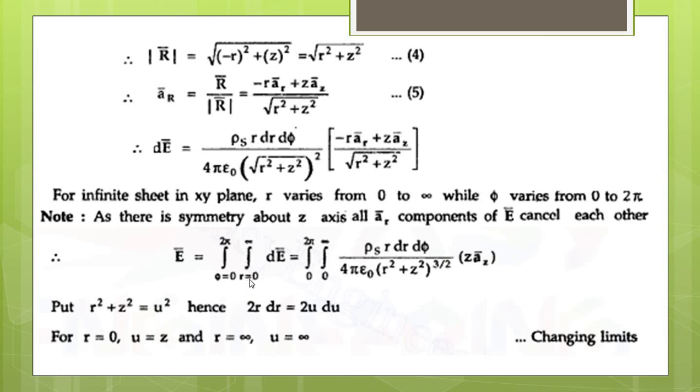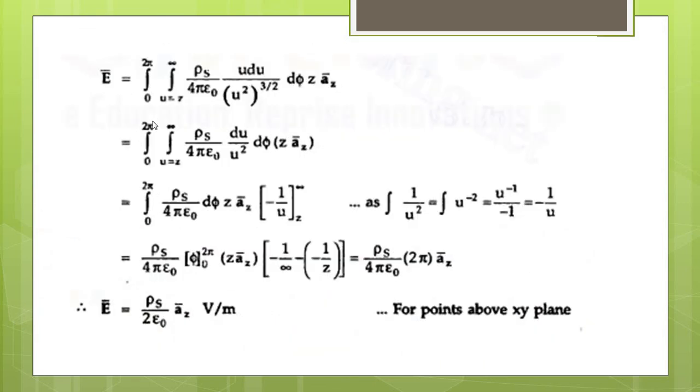When r is equal to 0, so put 0 in place of this r. So u will be equal to z. To find the upper limit, put infinity in place of r. When r is equal to infinity, u is also equal to infinity. So these are the upper and lower limits. We need to replace r.